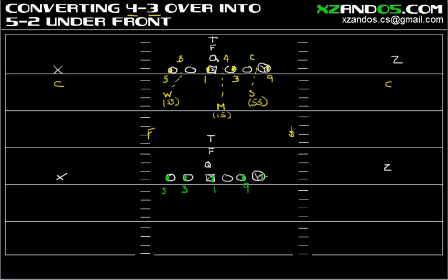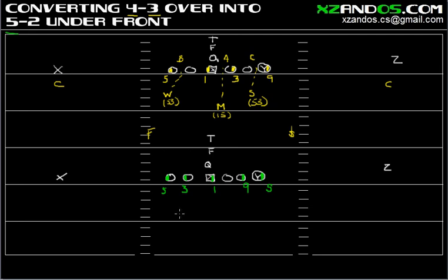The D gap is now open, and I coached it to have the Sam backer walk up on the line. And so now you can see you have 5 defensive players who are on first level. So there you have your first part of your 52. The Sam linebacker is now acting more like a defensive lineman.